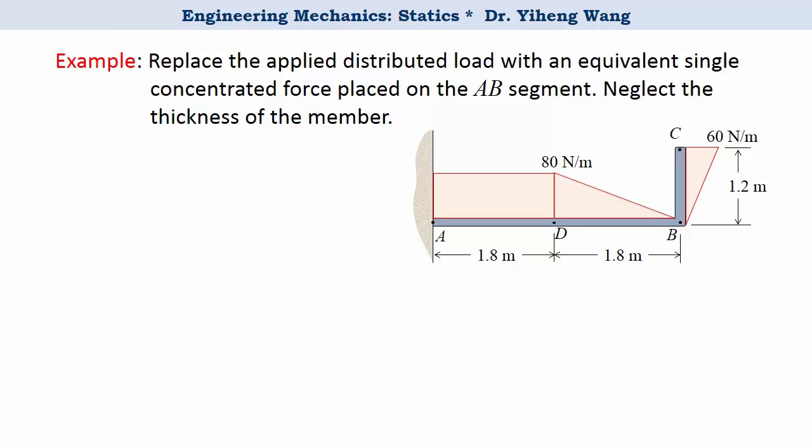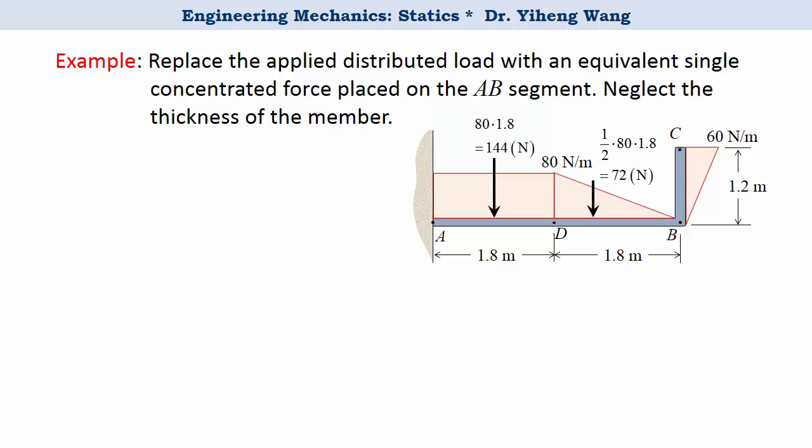For the first uniform distributed load, its resultant force equals the area of the rectangle, 80 times the length, 1.8 meter, and that is 144 Newton. The location is right at the center of the rectangle. For the next linear distributed load, the resultant force equals the area of the triangle, which is 1/2 times the height times the base, and that is 72 Newton.